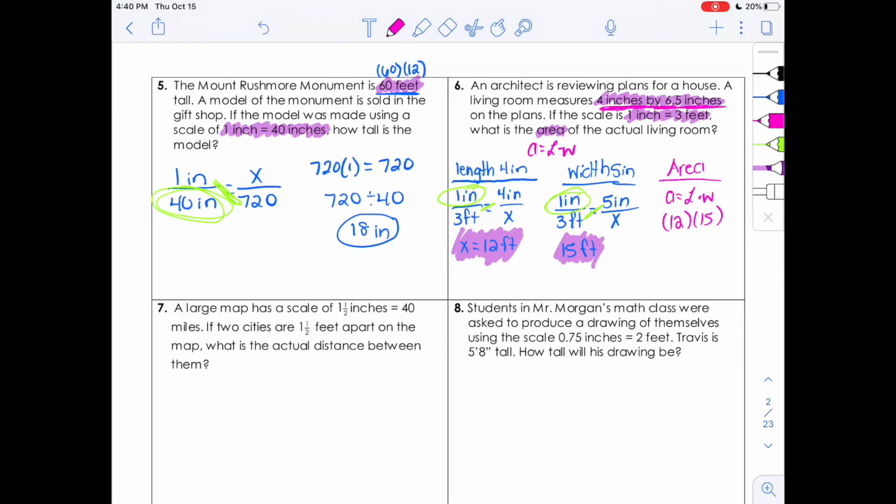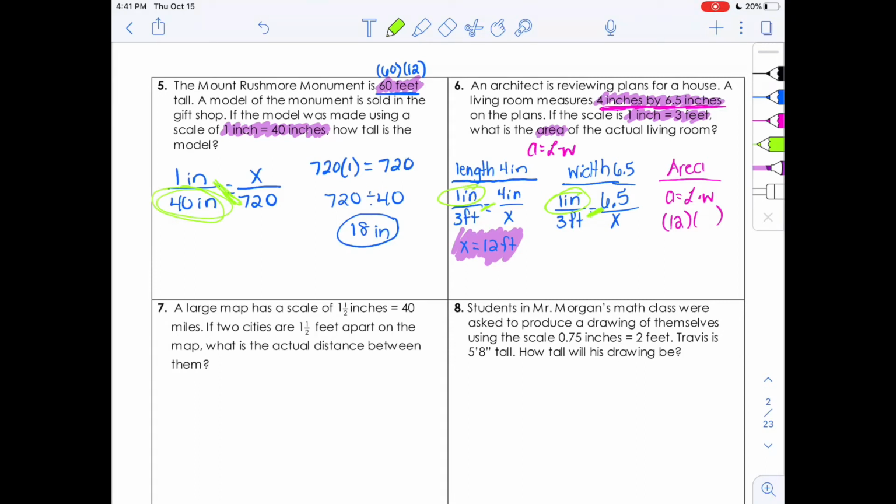Oh, I just realized I used the wrong number here. This should be a 6.5. So let's replace that with 6.5 here for our width. Sorry about that. So then that's going to change the actual. So we're going to cross multiply 6.5 times 3. And you can use a calculator for that.